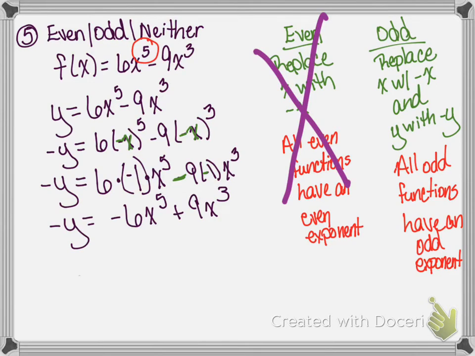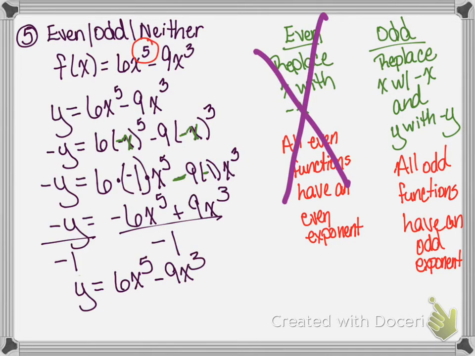Okay? And my last step is I divide everything by negative 1. Okay? So I have y equals positive 6x to the 5th minus 9x to the 3rd. Does this match this, other than the y? Y and f of x are interchangeable.